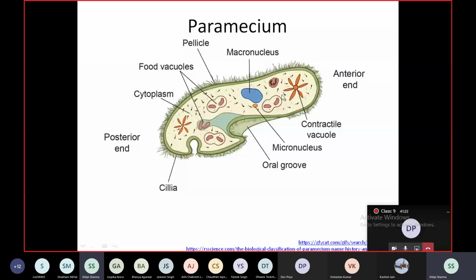The cell is covered with a flexible, thin membrane, like I said, outside the plasma membrane, called the pellicle. You can notice that here you have both the contractile vacuoles as well as the food vacuoles. Then there is an anal pore or cytoproct from which the waste is excreted out.